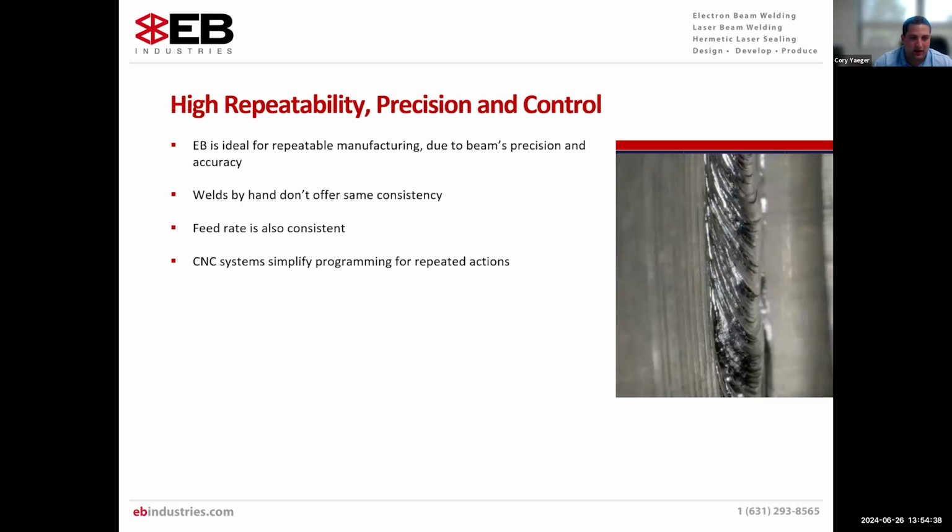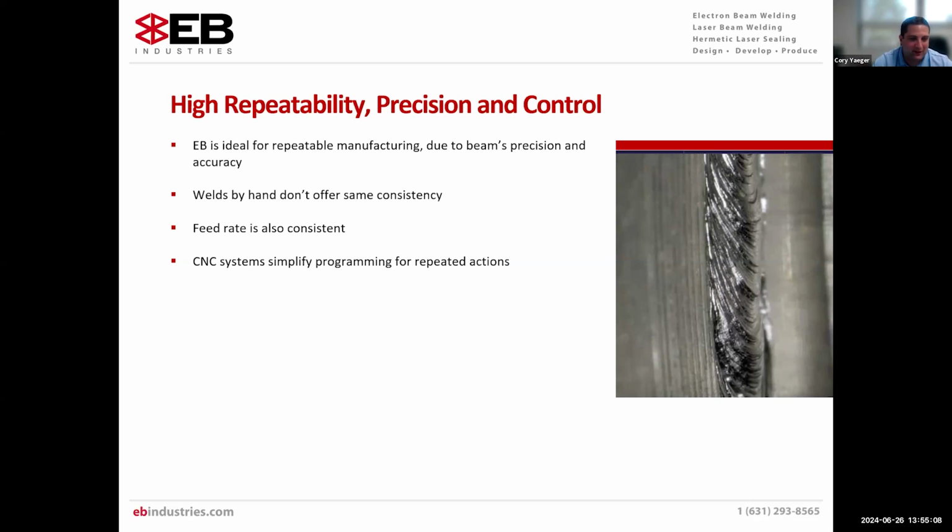Another thing I wanted to talk about again is repeatability. TIG welding, if it's not automated, is a bit of an art form. It requires very skilled manual technicians who would sometimes almost call themselves artists. With electron beam welding, our technicians are very highly skilled and trained, but the bulk of their involvement is making sure the parts are lined up correctly, and then mostly the machine does the rest.